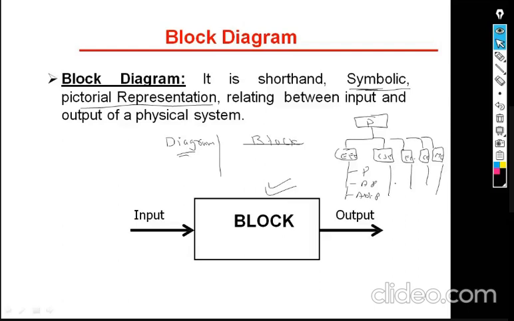With this block diagram, a complete overview of the college can be determined.